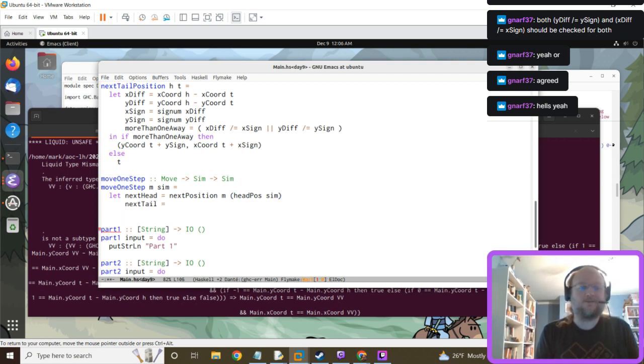Next tail equals next tail position of next head and tail position of the simulation. Okay.